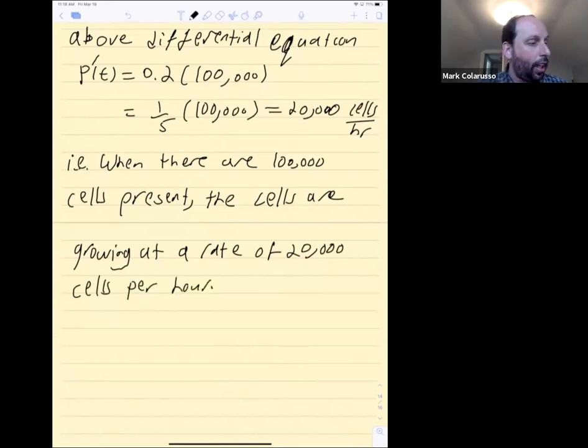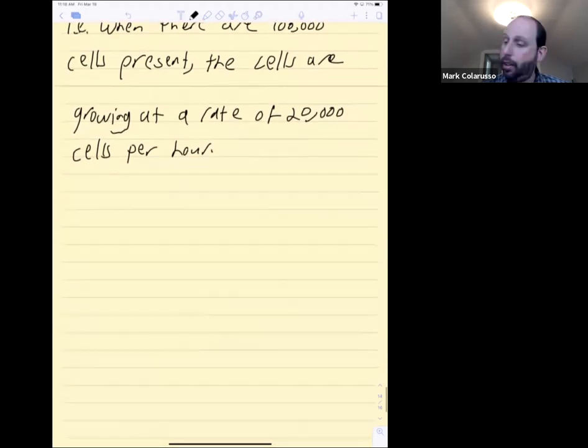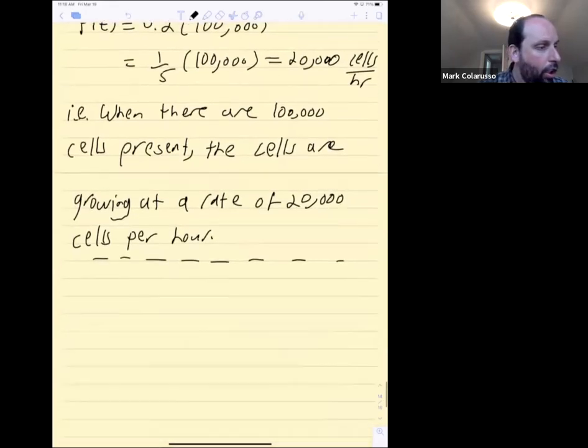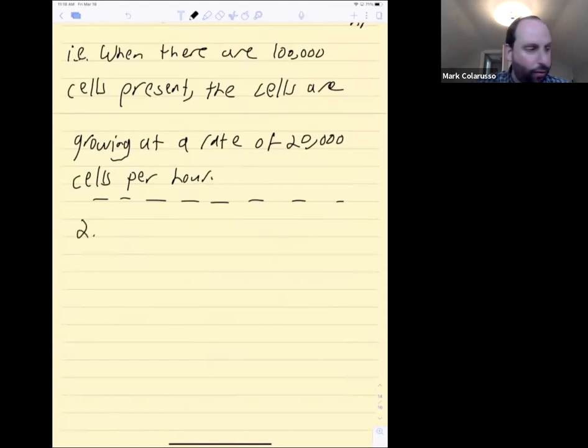Okay, so that's all I want to do about biological growth for a moment. Let's do a decay example now and see what we can do with decay. Decay problems tend to be phrased a little differently because in chemistry, radiochemistry and physics, it's natural to talk about the half-life of an isotope.